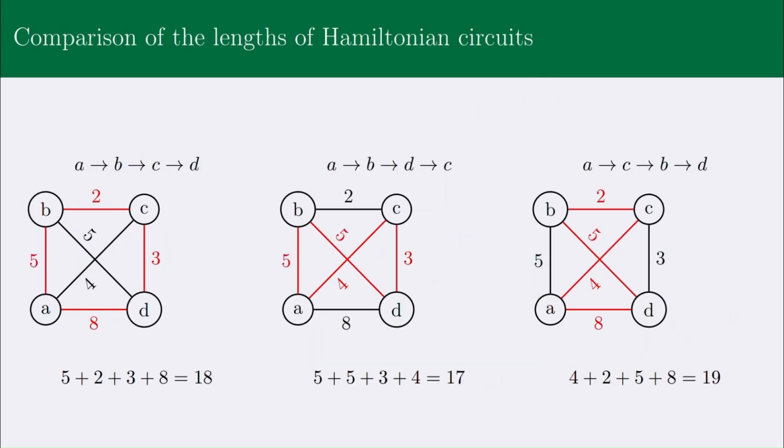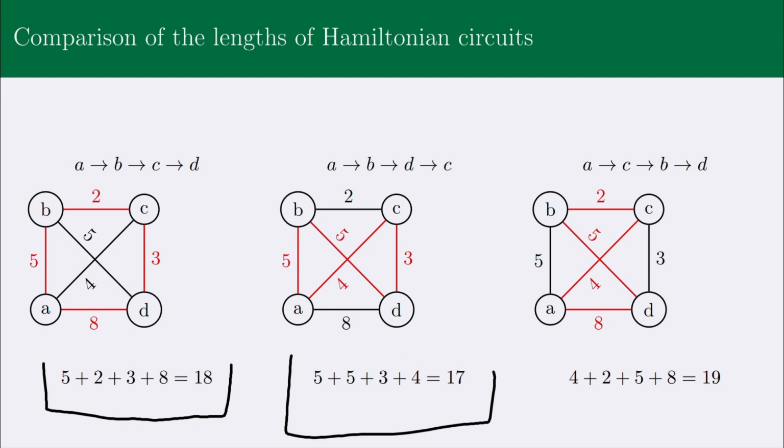Okay. So let's compare the lengths of the Hamiltonian circuits. We have these three circuits, and these are the calculations of the lengths. So for example, this round circuit will take 18, let's say, kilometers, okay?